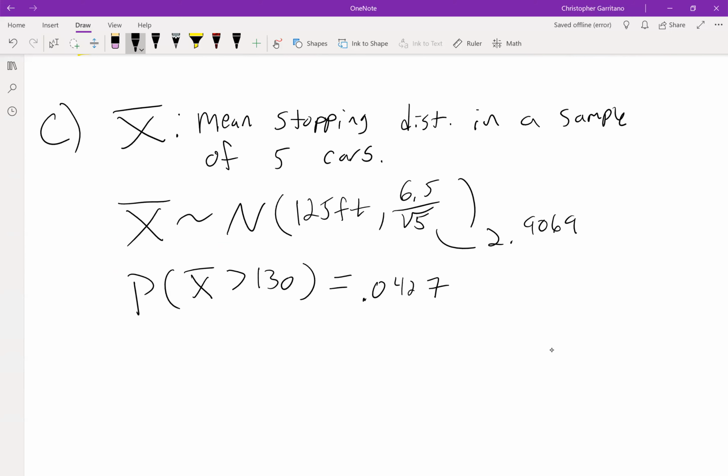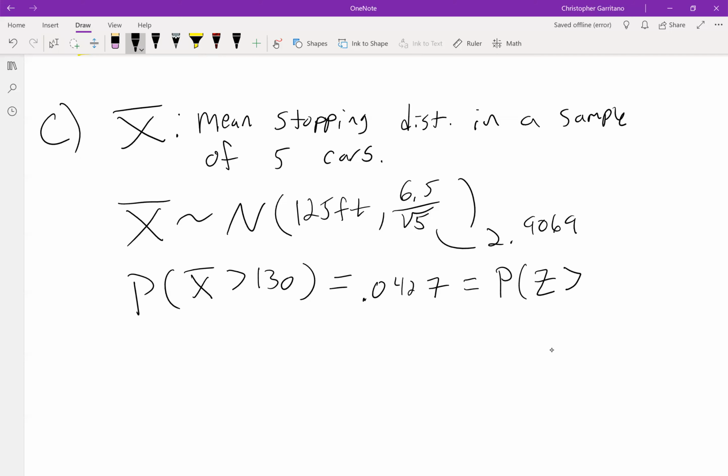Another question that came up was, hey, they're using the z distribution. In other words, they wrote their probability in terms of z. That's totally fine. You can use z, you can use x bar, as long as your distribution and the random variable is defined. I don't care which one you use. They're equivalent.